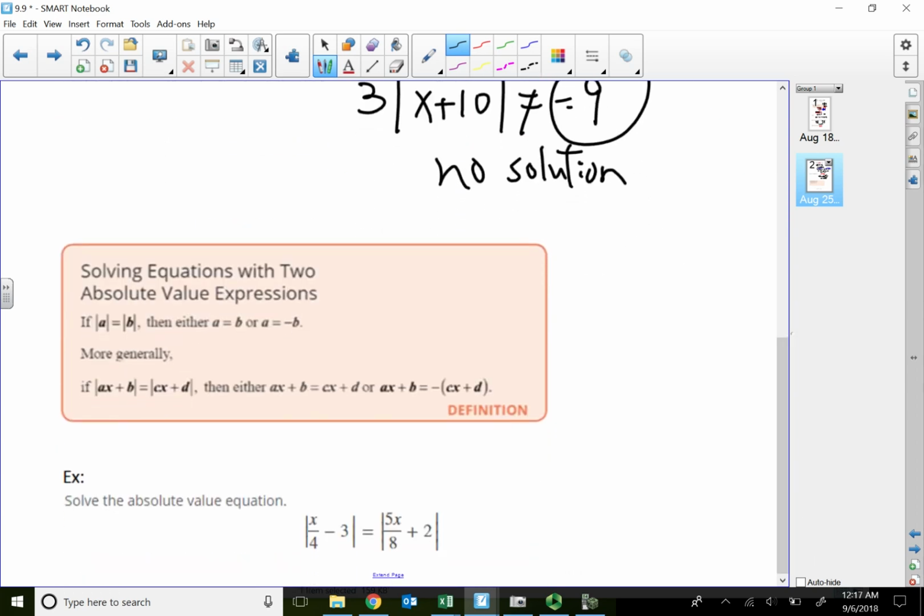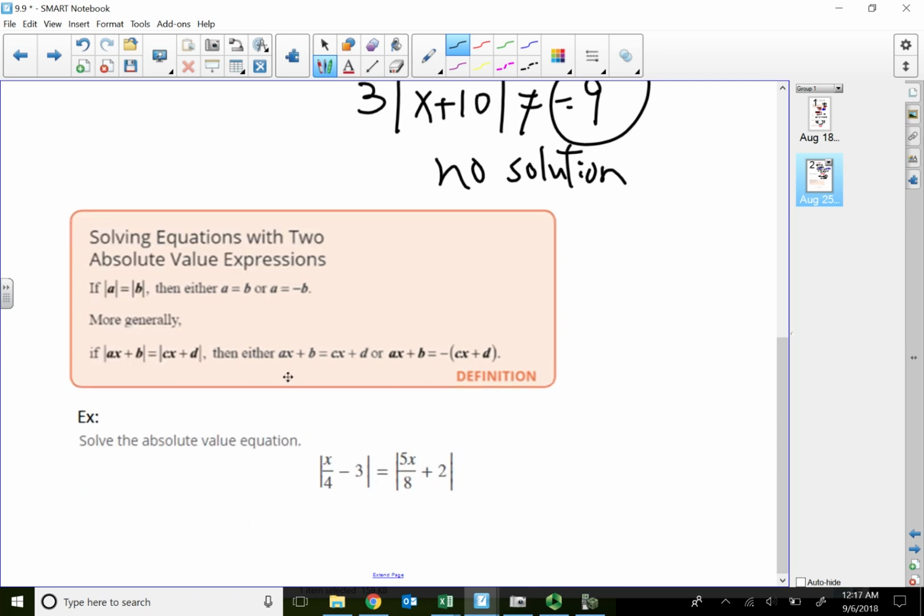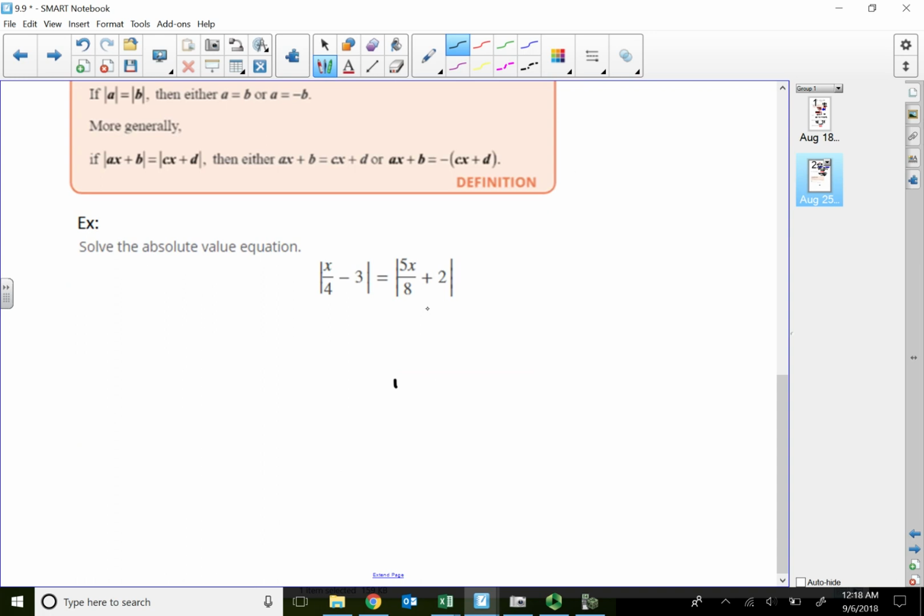Now what happens if I have two absolute values equal to each other? Well, we're still going to set it up the same way. One of them is positive, the other one is negative on the right side. Okay. So since both my absolute value terms are by themselves, I'm just going to take whatever is inside the absolute value and set it equal to the positive 5x over 8 plus 2.